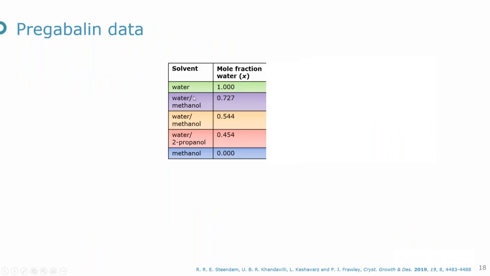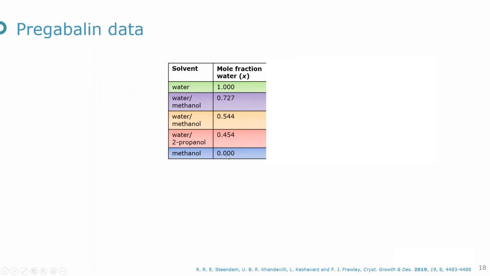So here are 5 solvents that we tested. We basically use water and water, methanol, and IPA mixtures, because it has limited solubility in all other solvents. And we expressed the molar fraction of water here in this column. So water is, of course, 1. And then you see it's being reduced as a function of methanol or IPA.